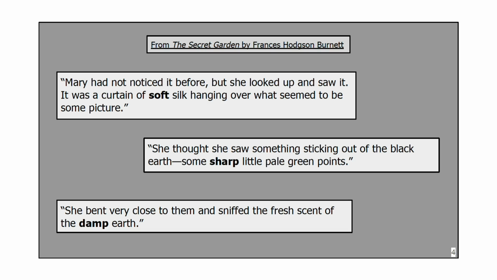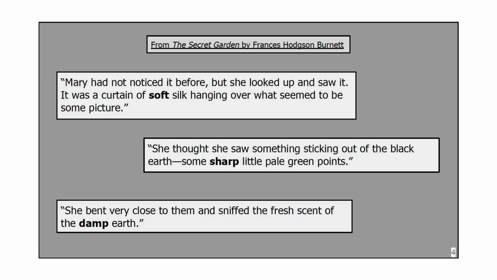Here is the second example. "She thought she saw something sticking out of the black earth. Some sharp, little, pale green points." In this example, Mary notices something sharp, but she doesn't know what that something is yet.